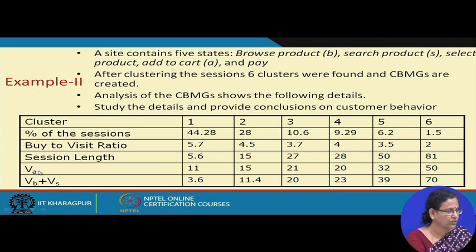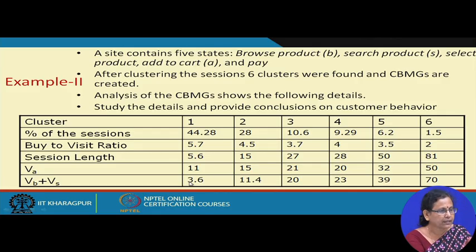V is the average number of visits. So the average number of visits of this group to the add to cart category is 11, whereas this is 50. So, this group of people will be adding more to the cart, but they are not purchasing, while in the other group most of them actually purchase.